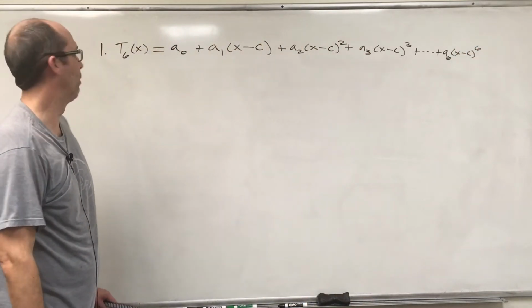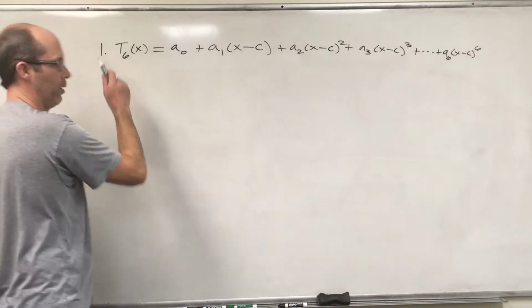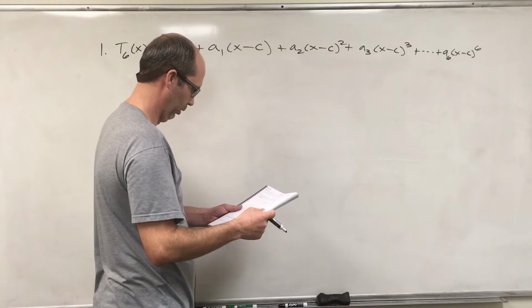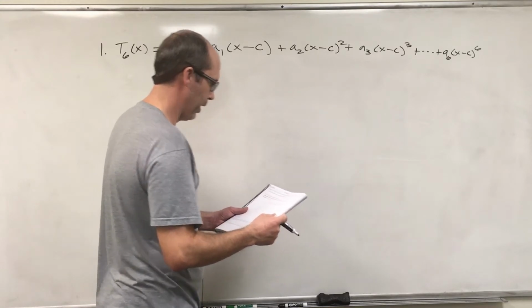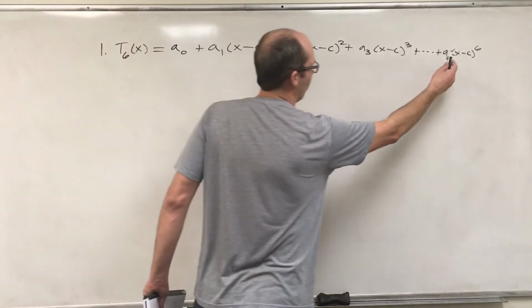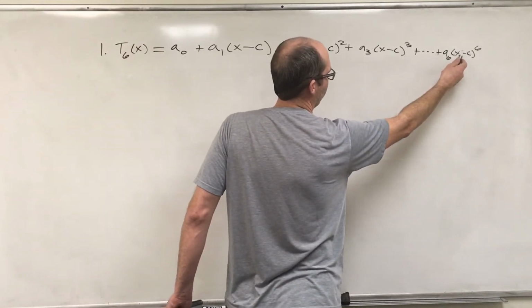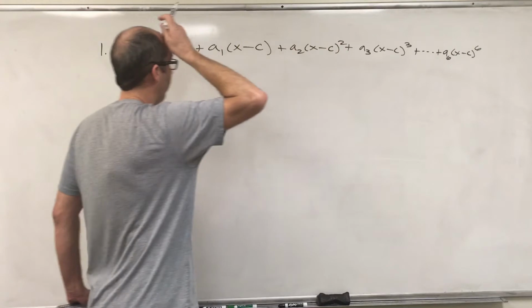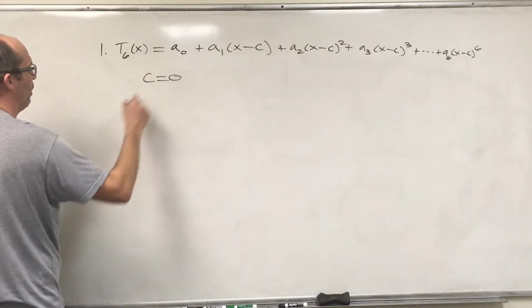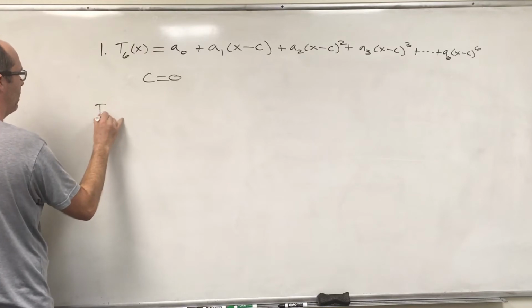All right, the degree. They talk about the degree in the homework. The degree is the highest power of x, so the highest power of x here is going to be 6. Now, centered at x equals 0, so c is equal to 0, this reduces down to T6.